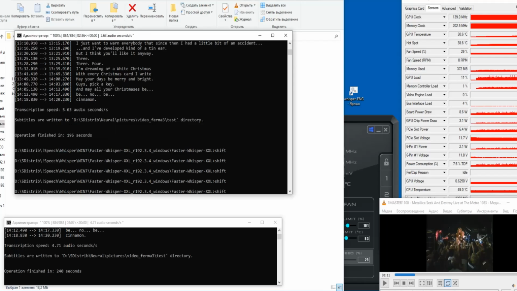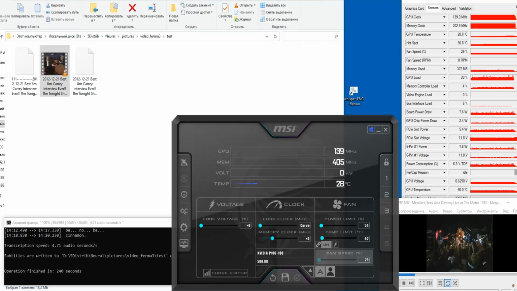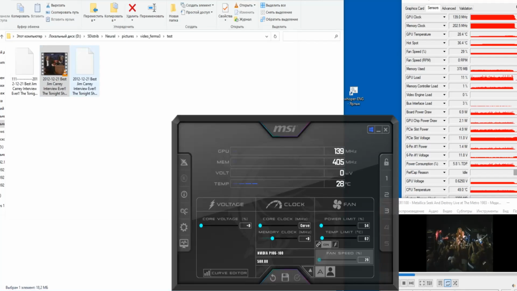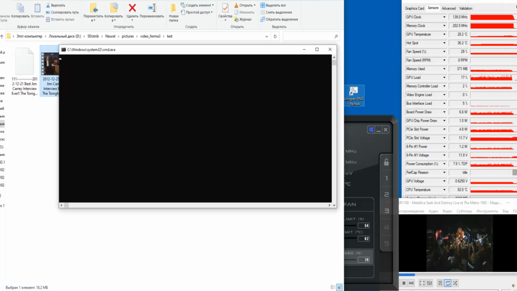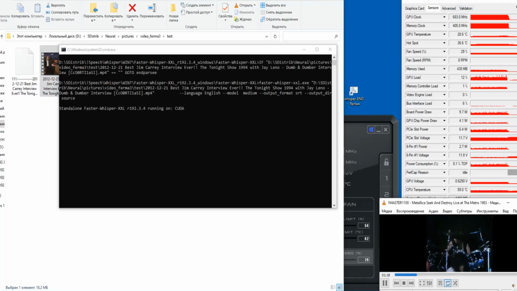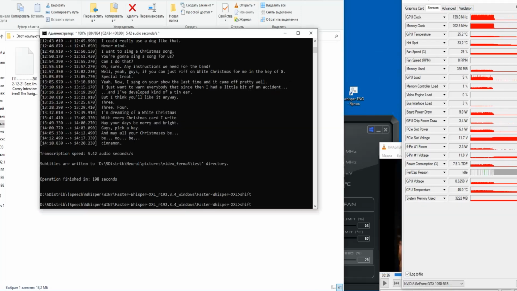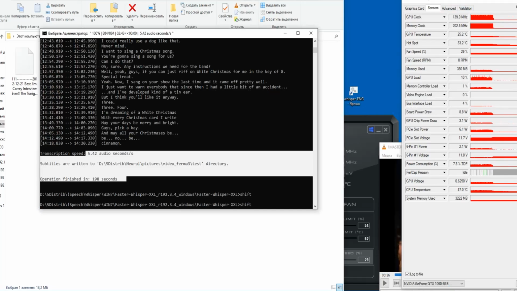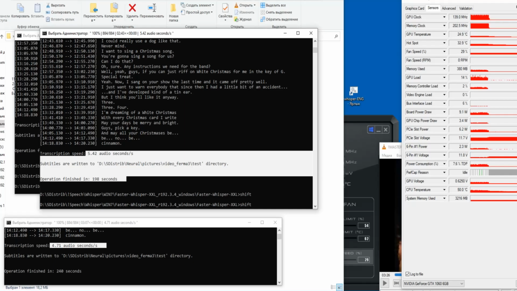Let's try to run the set energy consumption limit again. Maybe this is a random deviation. Let's try. We run. Yeah, the same 5 seconds. That is, these are probably accidental fluctuations.